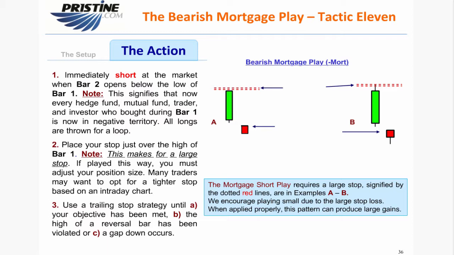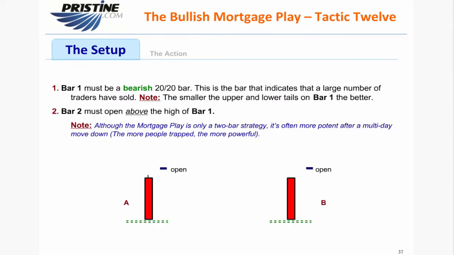And your stop will go over the high of the prior day. So like I said, it is a bigger stop, but there's no other reference point to use at this point. And the likelihood of this stock reversing and going all the way back up is extremely low, especially if it's got room to continue falling to the downside. The bullish mortgage play is just the opposite.